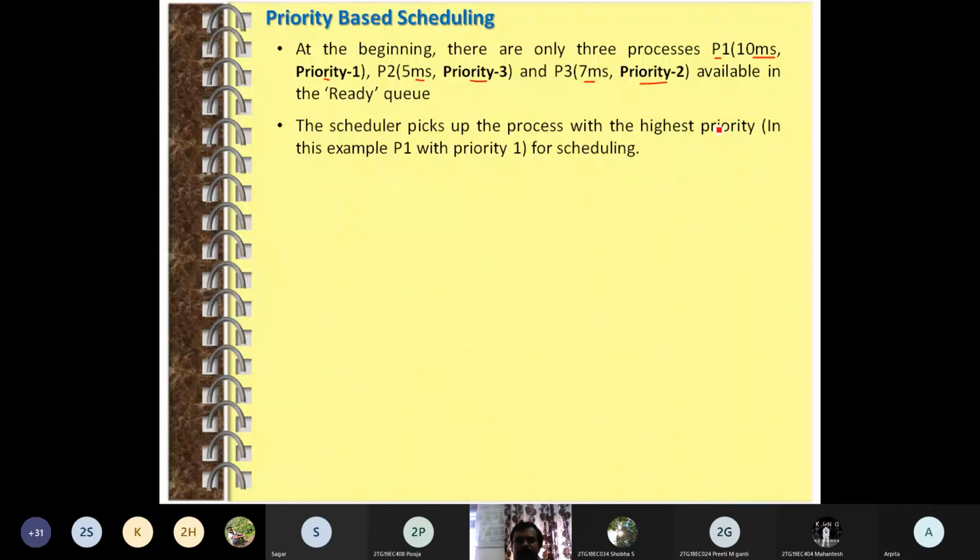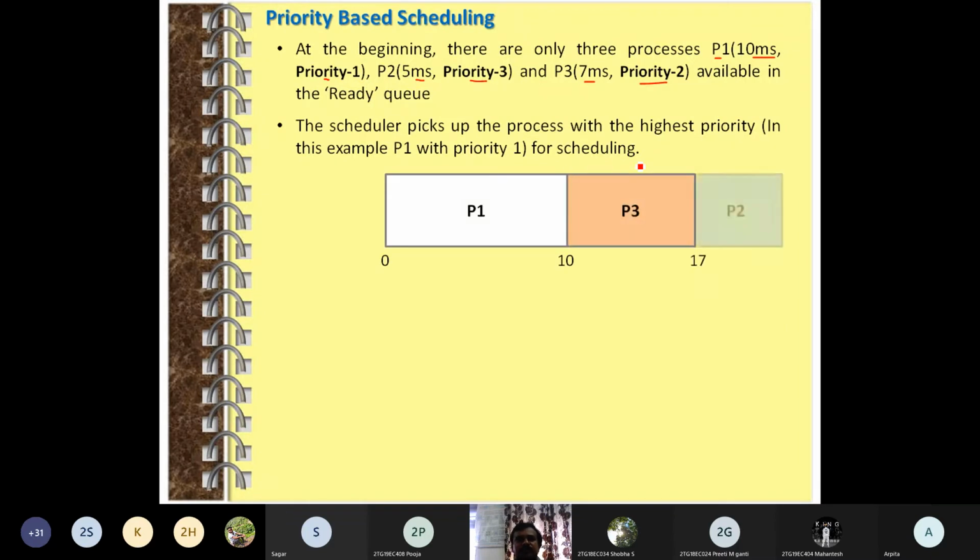The highest priority is P1, because it is allocated priority 1. Above 0 means lower priority. P1 starts executing from 0 to 10 milliseconds.